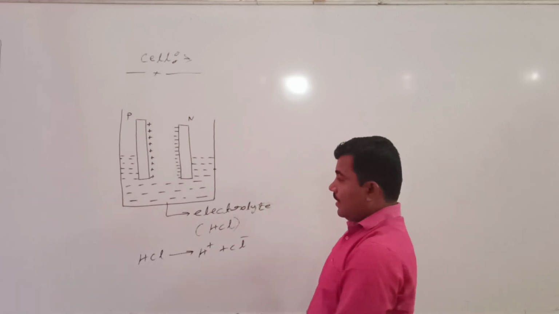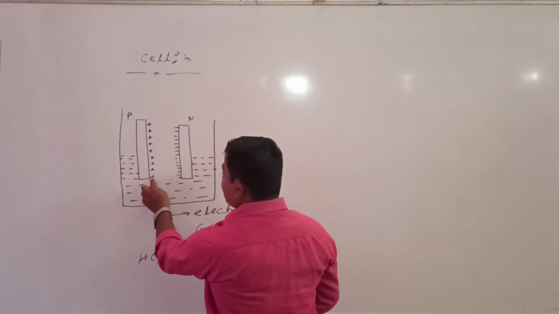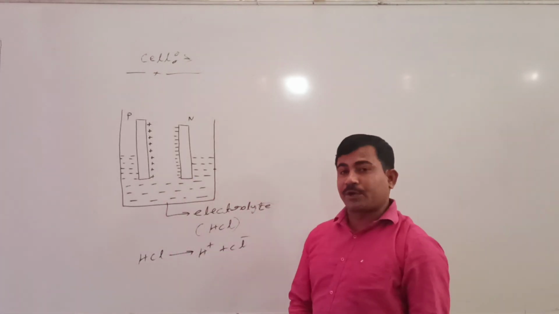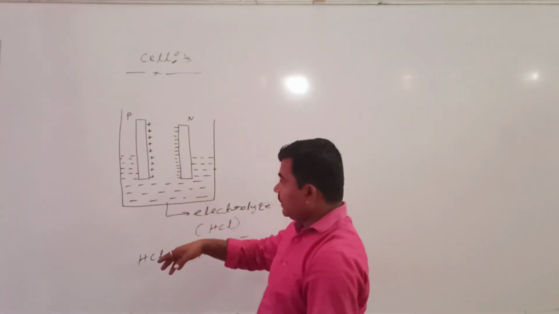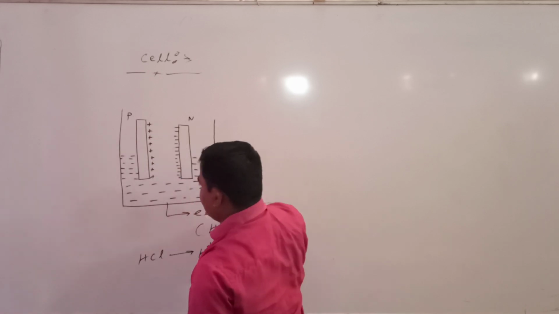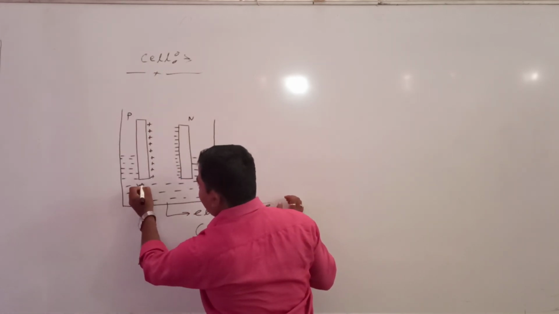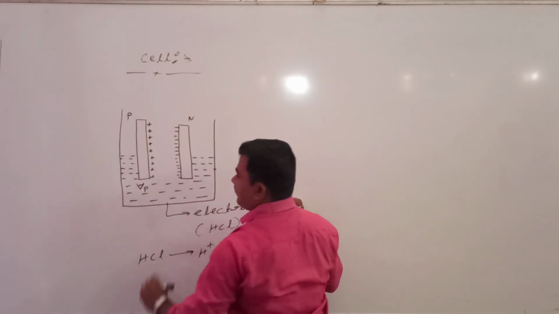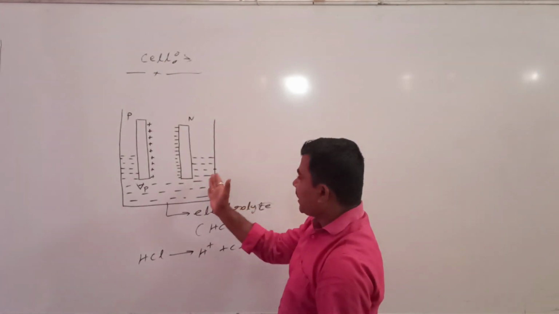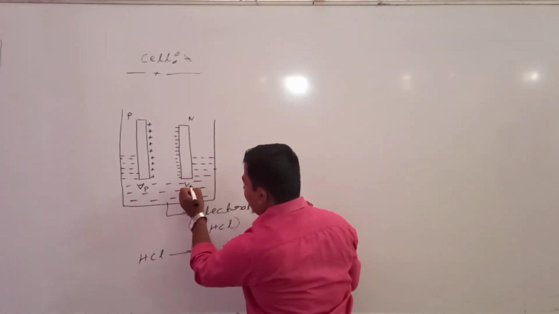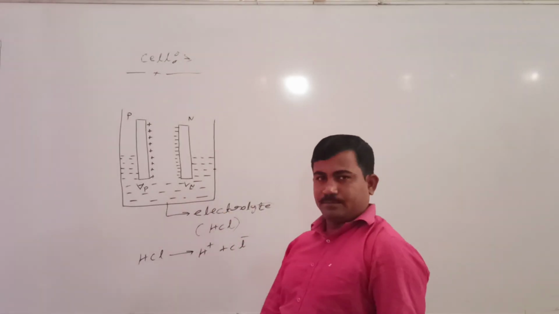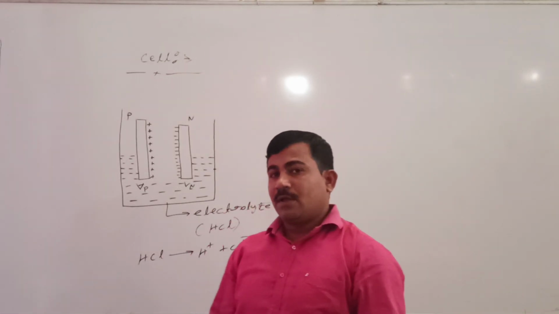As a result, on both electrodes, electric potential will develop. On this electrode, potential is represented by Vp. On this negative electrode, the potential is represented by Vn.